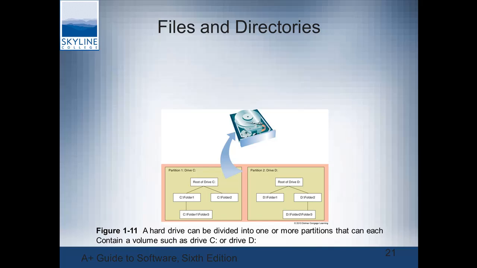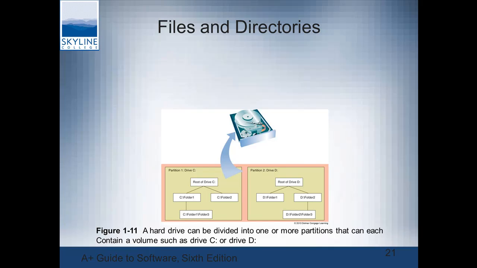So if the operating system fails, you still have all your data on a separate partition. If you have to delete that partition, format the partition where the operating system is, you haven't damaged your data at all. A separate physical drive would be even better, because if the drive itself failed, and they do fail, then you'd still have all your data.